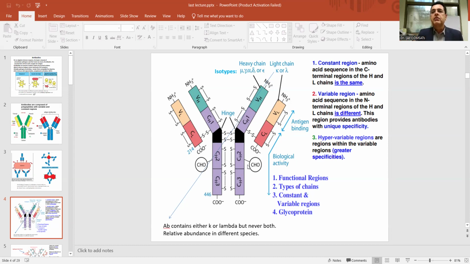That is a phenomenon in place to make the antibodies more active to attach to the antigen that it has encountered previously, and that's how class switching would take place.